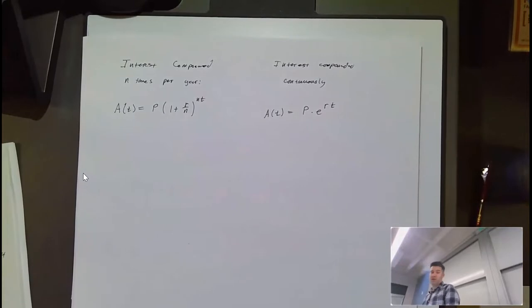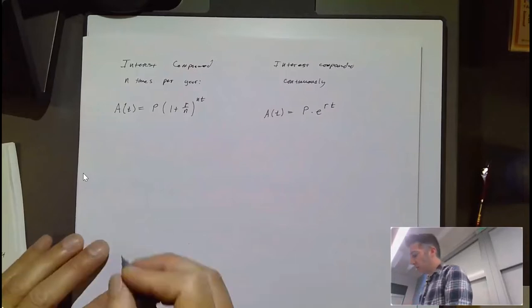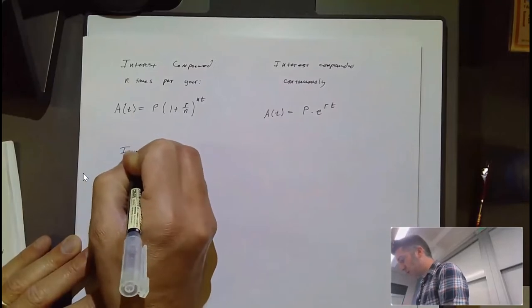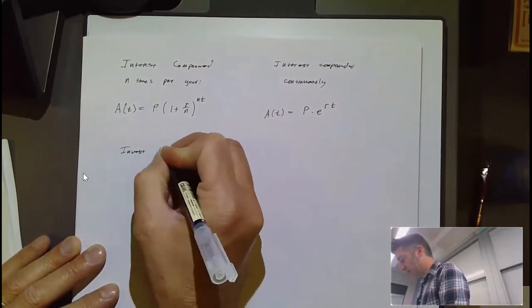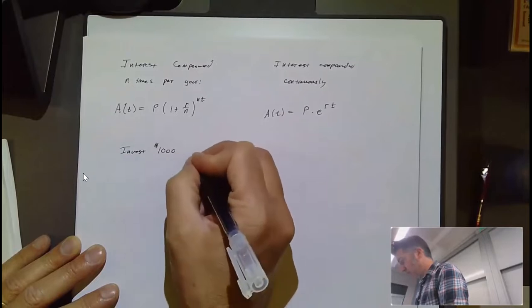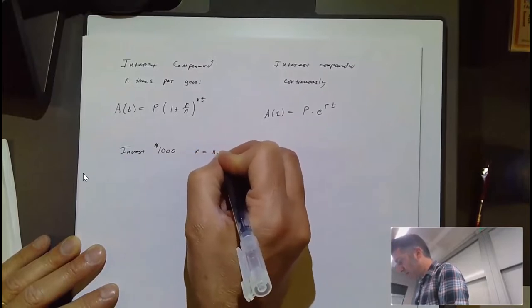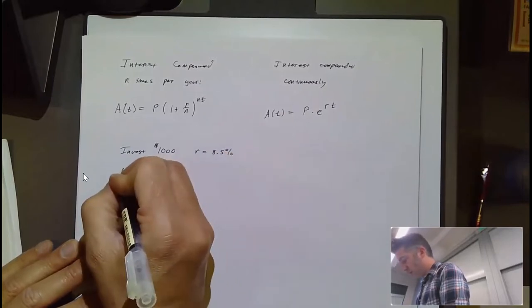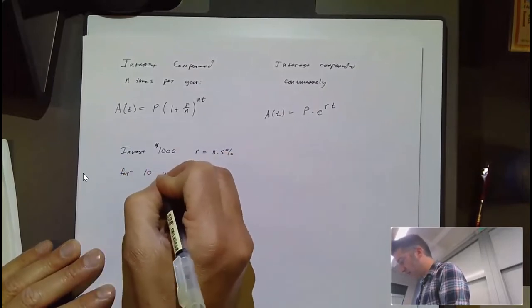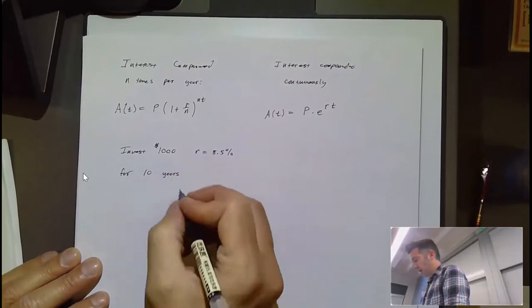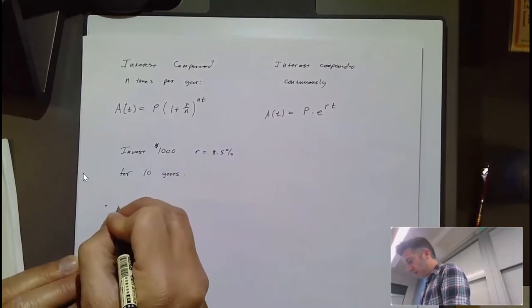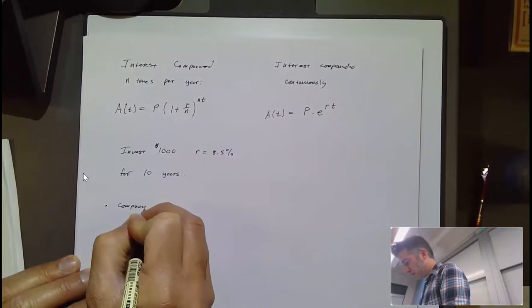And really, they're going to tell you in the question which one you should be using. So for example, if I said, someone's going to invest $1,000 at an interest rate of 8.5% for 10 years, and interest is going to be compounded monthly.